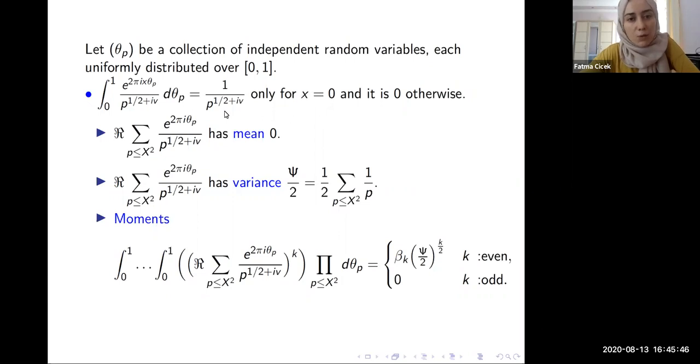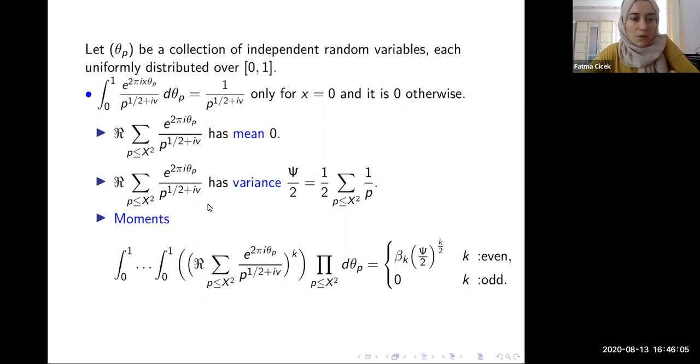But for x equals 0, this will just give you 1 over p to the 1 over 2 plus iv, or whatever you have. Using this, when you integrate your random polynomial to find the mean, the average of the first power, that will give you 0.